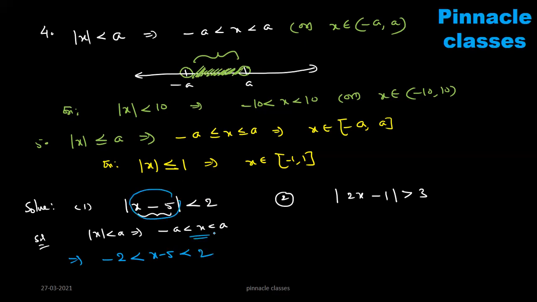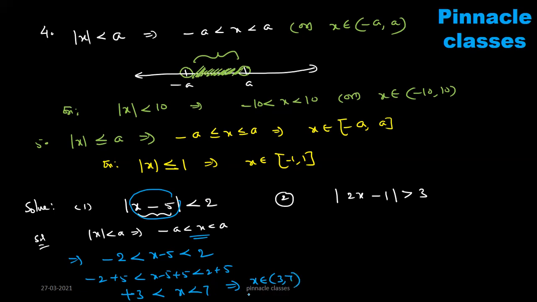Now I need only x. Solve the question means find the value of x. So we have to remove minus 5, adding plus 5 on both sides. So 3 less than x less than 7. Then the answer is the open interval 3, 7.